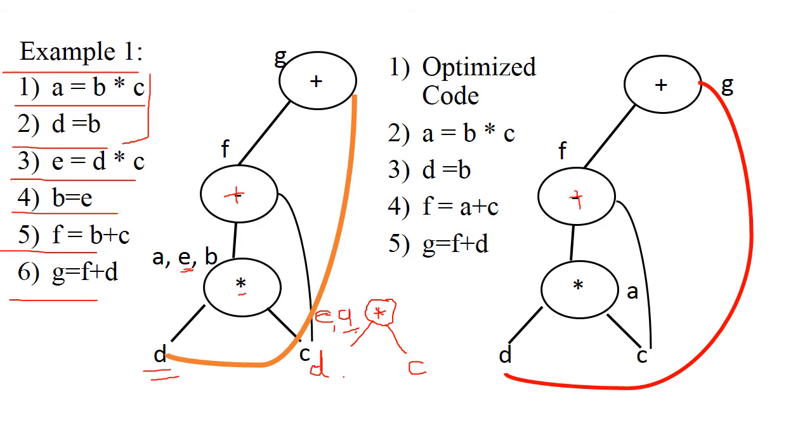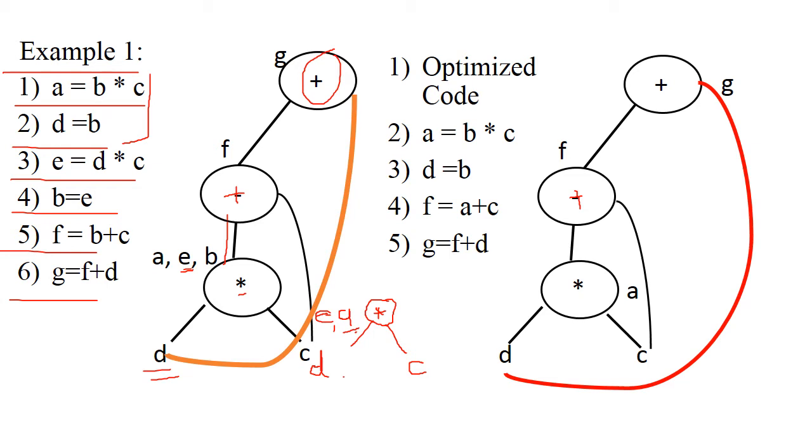So F is equal to B plus C. So yeah, here a plus node is added. The value of B is taken from this particular node, and the value of C is taken from here. Then G is equal to F plus D. So again one node is added, this one, and the F value is taken and this one.